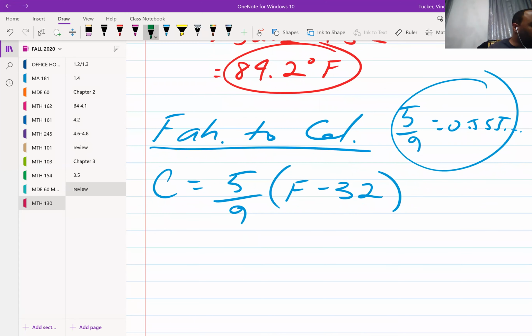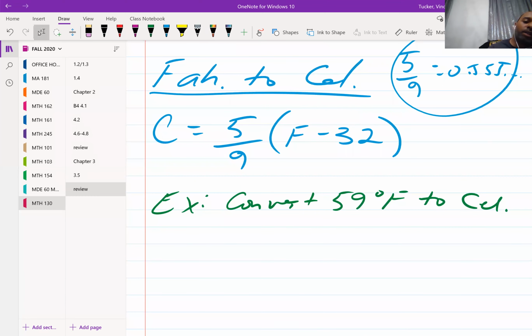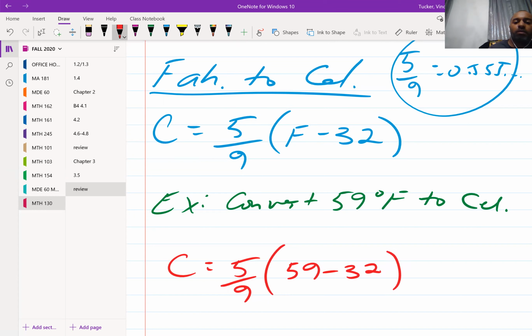All right. So let's go convert 59 degrees Fahrenheit to Celsius. All right. So you plug it in. So Celsius is equal to 5/9 times 59 minus 32.